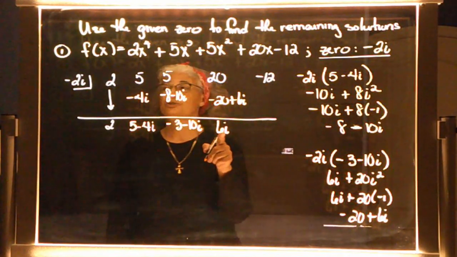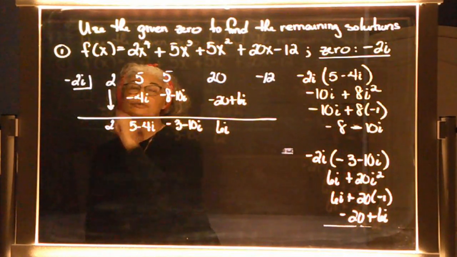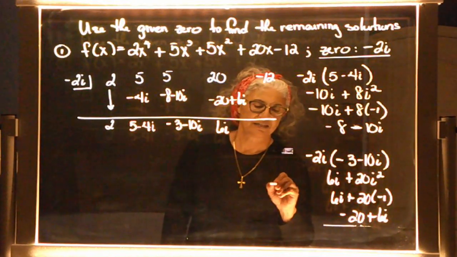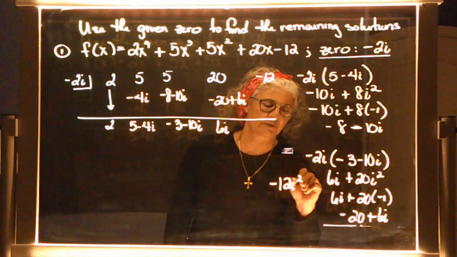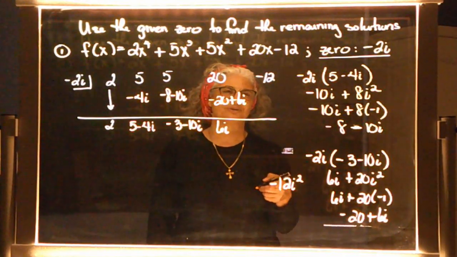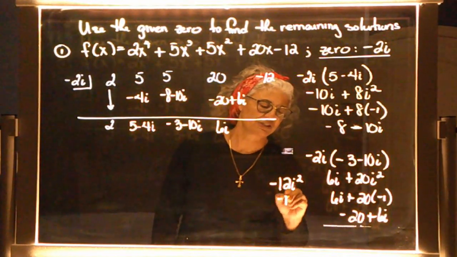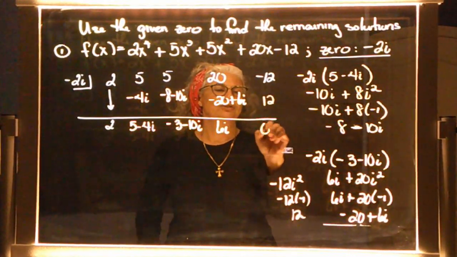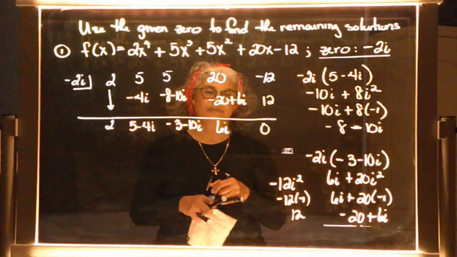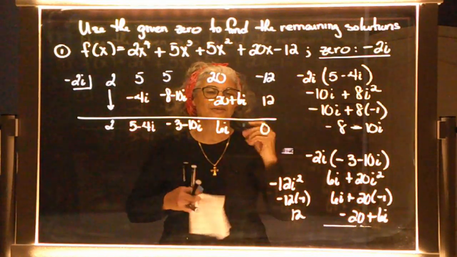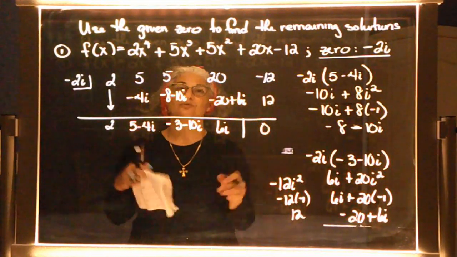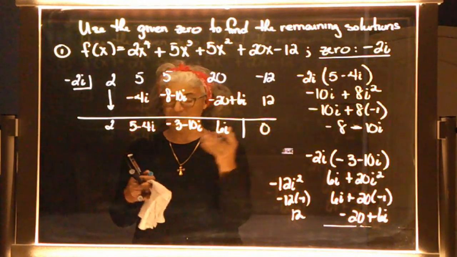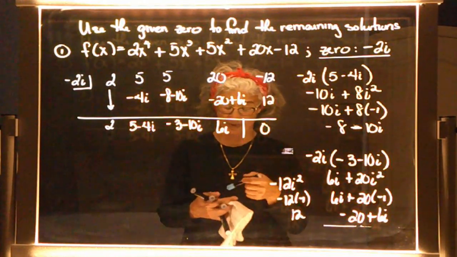And now I got to do 6i times negative 2i. What is that? Yeah, that's a negative 12i squared. But what's i squared equal to? Negative 1, which is going to make this guy a positive 12. And looky there. What's your remainder? That's right, the remainder is 0. Woohoo! Well, that's good, right? Because it was supposed to be a 0, which means I better have gotten a 0 as a remainder.